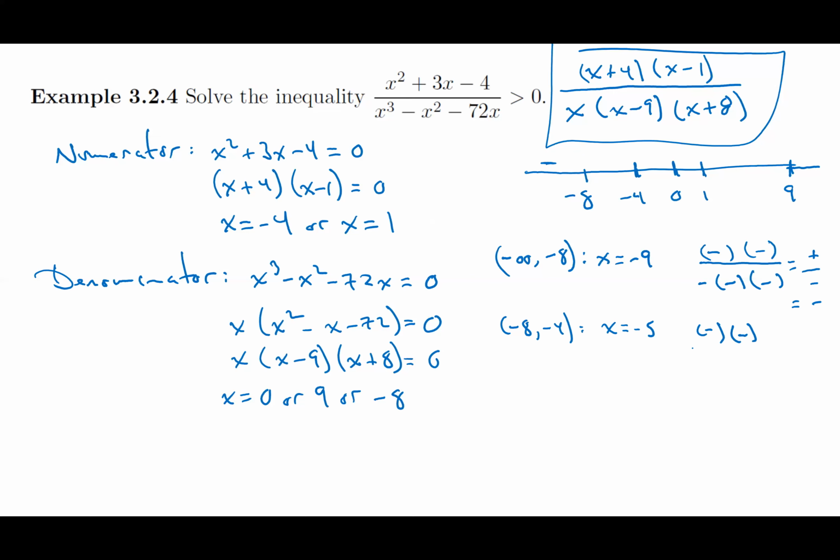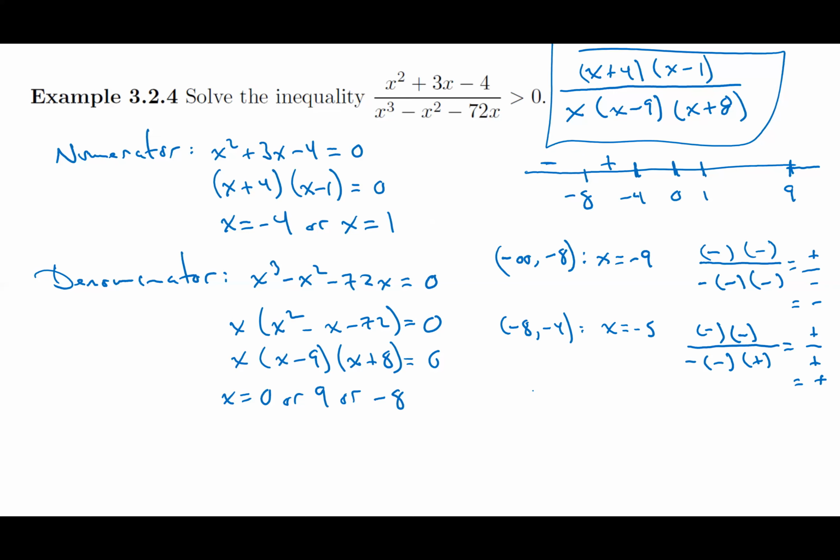And then in my denominator, -5, -5 minus 9, and -5 plus 8 will be positive. So here, I look at my signs, negative times negative. And then in my denominator, I wound up with positive as well, because positive times positive. So that is positive. Okay. We keep going.